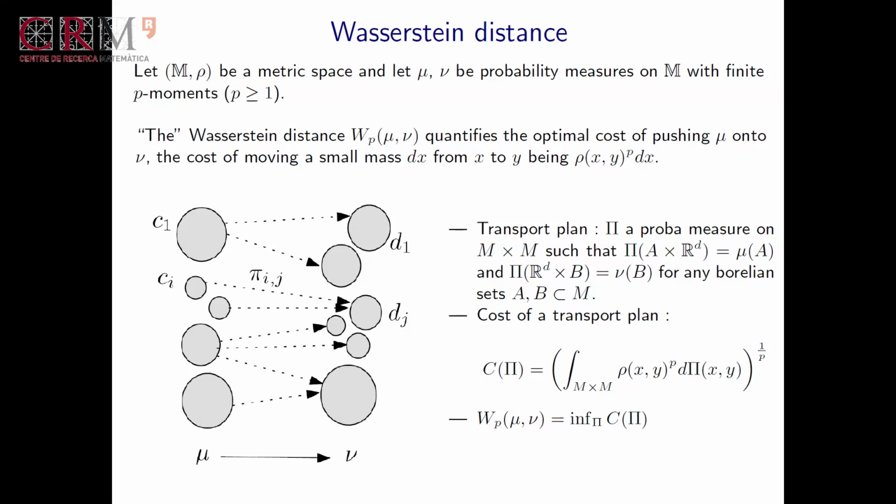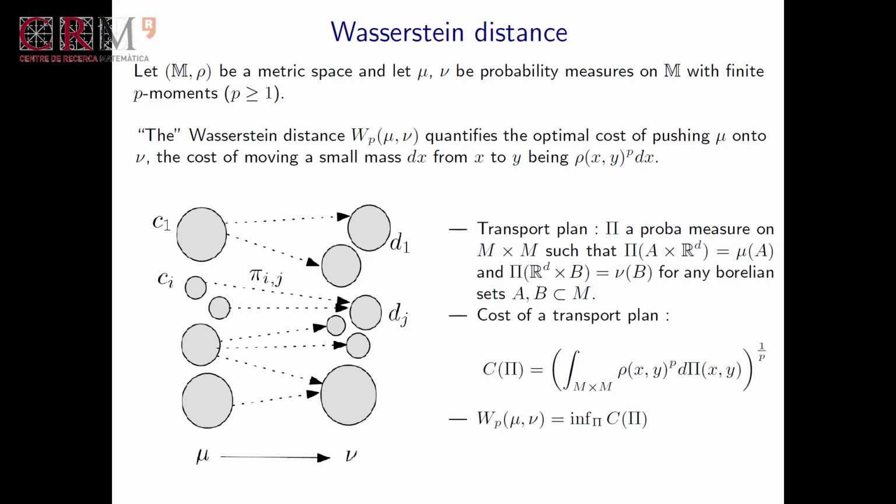This is what is written here. When you look at the probability of a cylinder of the form A times M, and the same here, M times B, sorry, there is a mistake, you get on one coordinate the measure mu of A, on the other one the measure nu of B.